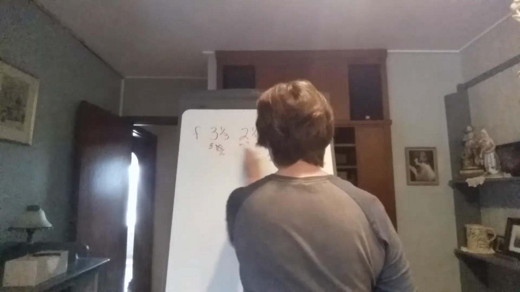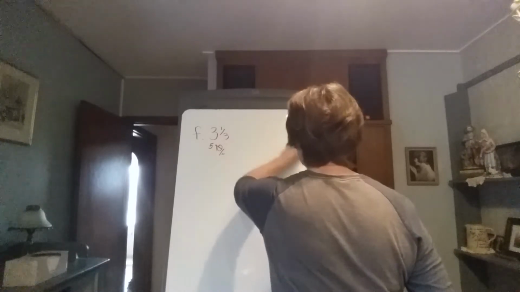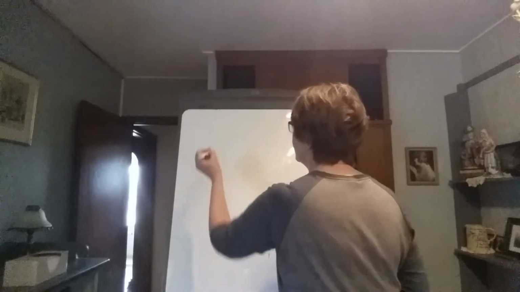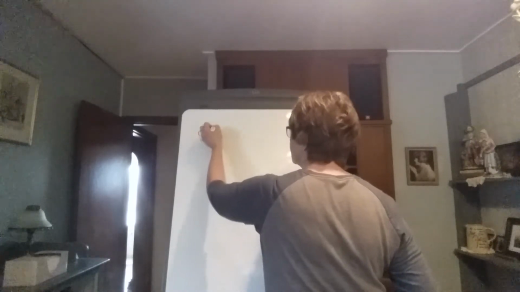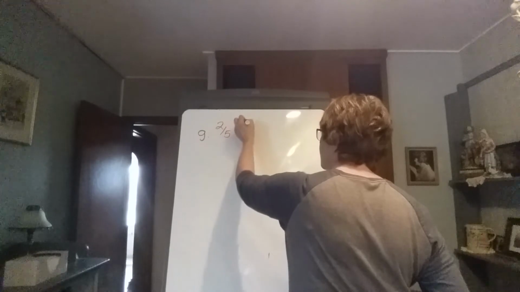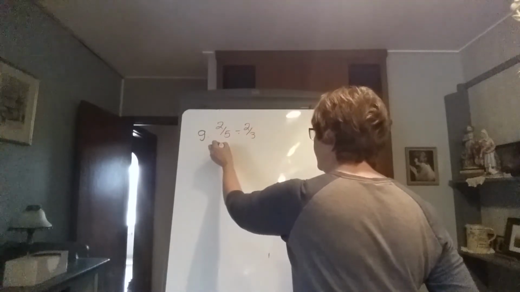Let's keep going. So the next part is division. So we're just adding one more step into it. Copy down your problem. It is 2/5 divided by 2/3. So we gotta flip this one.